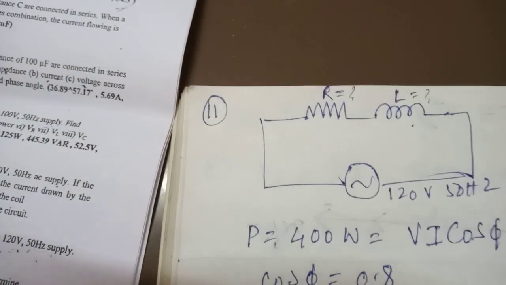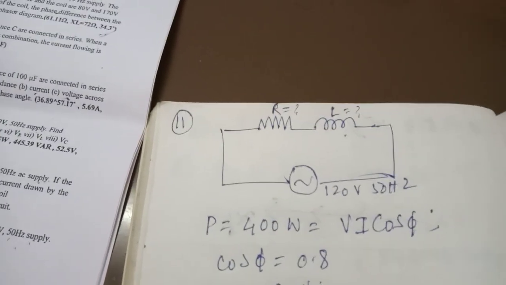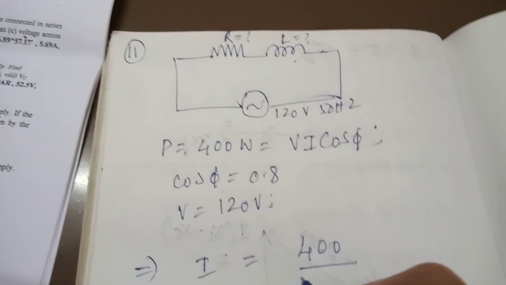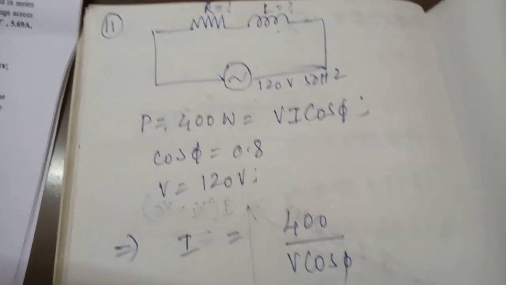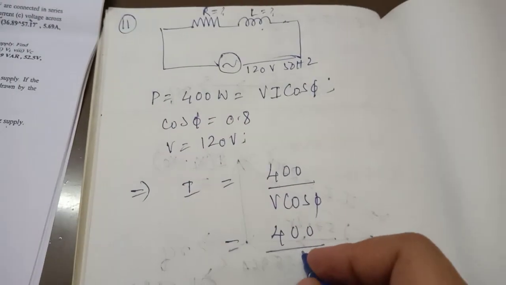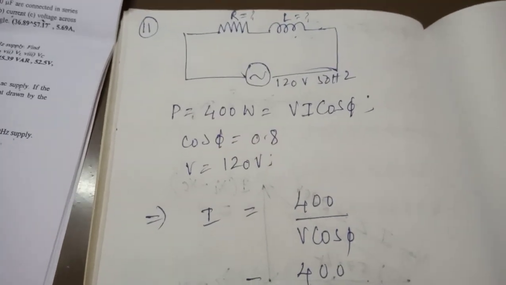So how to solve this? First I have to calculate the current I. I is equal to 400 divided by V cos phi, right? V is 120, cos phi value is 0.8.